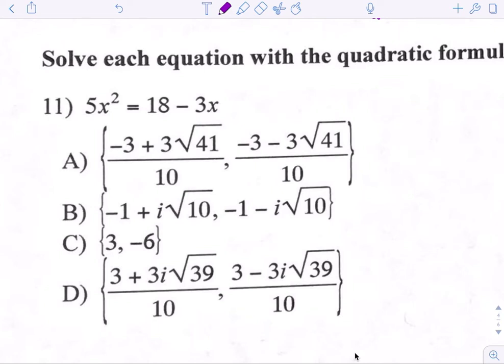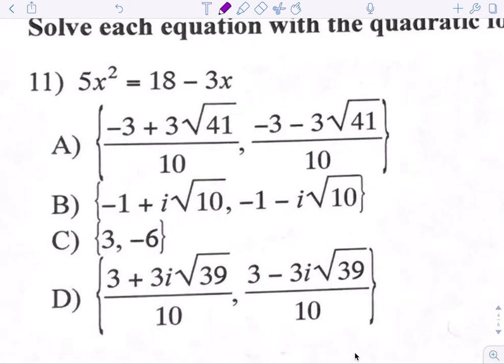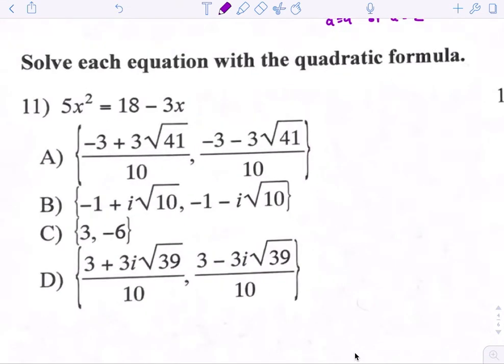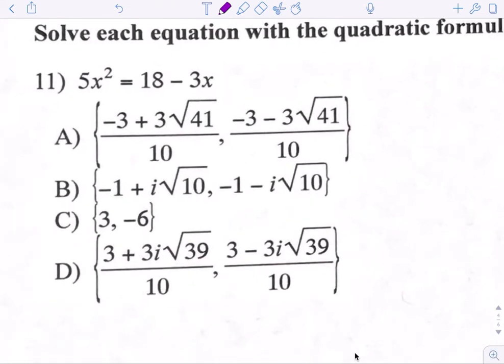All right, number 11. For this one, this one was pretty much goofed, because I had imaginary numbers here, so I'm not going to test you on imaginary numbers and simplifying square roots.